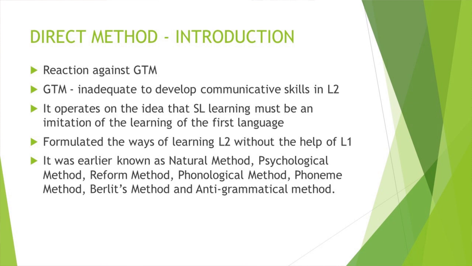The reformers thought of ways of learning L2 without the help of L1 so that it will help to develop communication skills in L2. It was earlier known as the natural method and was also known by different names like the psychological method, reform method, phonological method, phoneme method, Berlitz's method, and also anti-grammatical method.